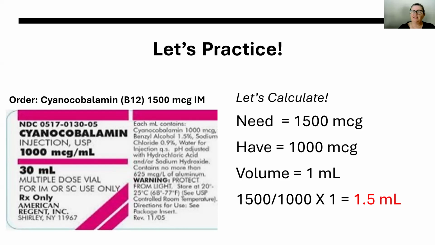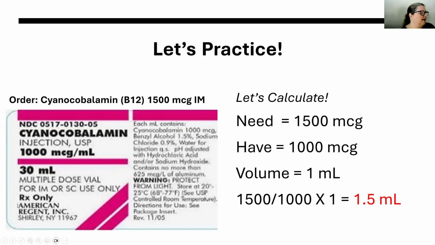You can't take a volume of liquid and look at it and go, I know what the weight is here. You can't do that. That's why you have to use this formula, because you have to understand how much weight of the medication is contained within the volume of the liquid.